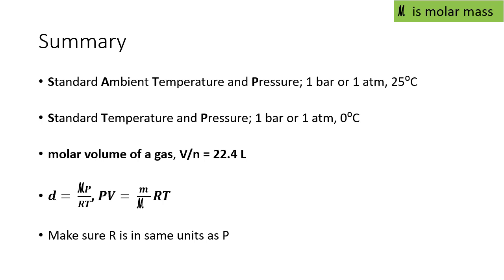We can also substitute our molar mass in for moles in PV equals nRT to get PV equals mass over molar mass times ideal gas constant times temperature in Kelvin. And we need to make sure that the R is in the same units as our P. So if your units do not match, you need to do a conversion.